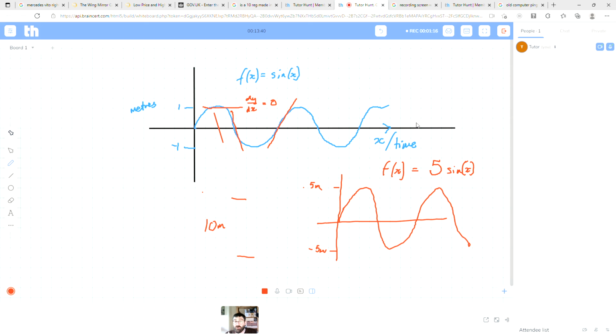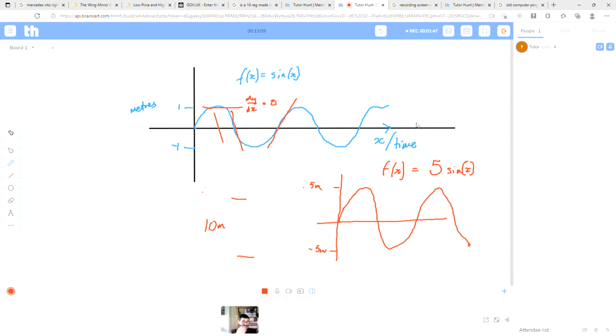Next time, we're going to have to look at moving trig functions to the left or the right to mimic what we're trying to look at in certain situations. And we're going to need to look at stretching or compressing our sine function so that we can take account of the time between high tide and low tide being quite different from the time between the highest point of my grandfather clock's pendulum and the lowest point.